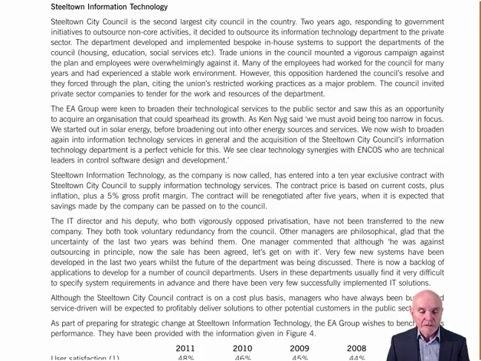Trade unions resisted this, and employees were against it. Many of the employees had worked for the council for many years and wanted to stay there. However, this opposition hardened the council's resolve, and they forced through the plan, citing restrictive working practices as a major problem. The council invited private sector companies to tender for the work.